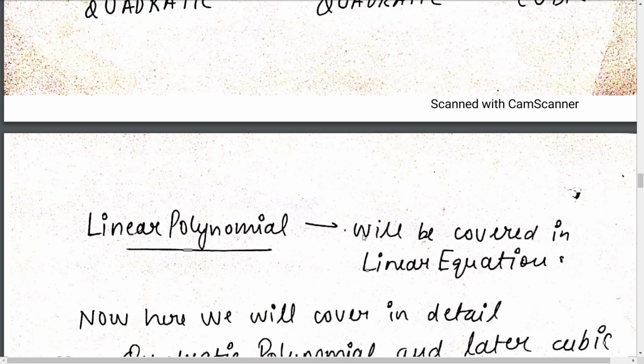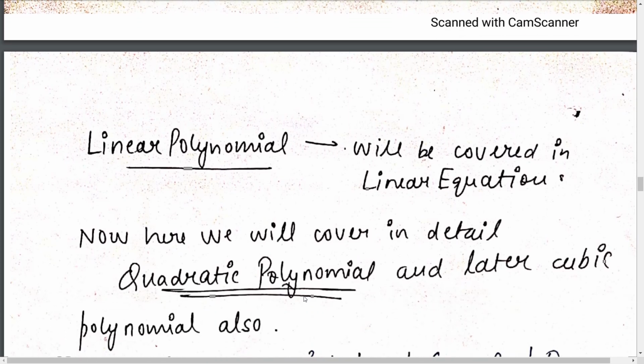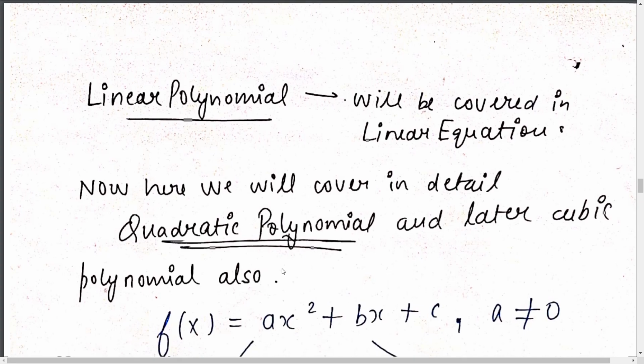The linear polynomial will be covered in your linear equations chapter 3 in your book. I'll cover it in detail there if you want me to cover that. It's quite an easy chapter. Here I will cover in detail the quadratic polynomial and later some part of the cubic polynomial. Your book also covers the quadratic polynomial.